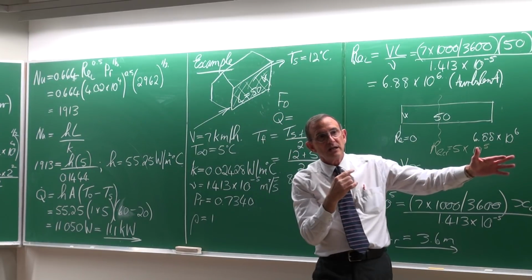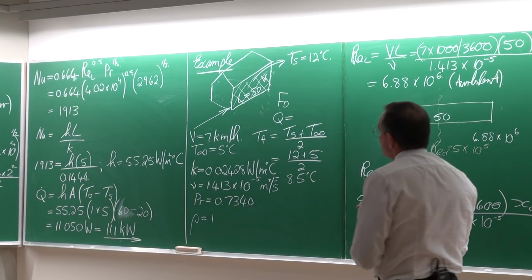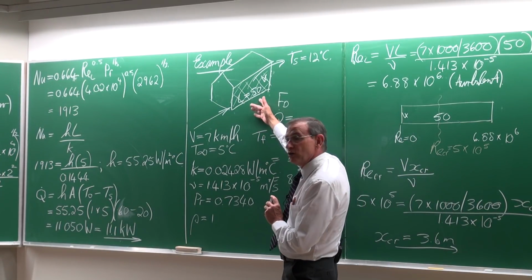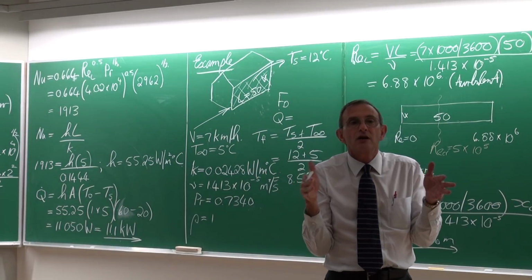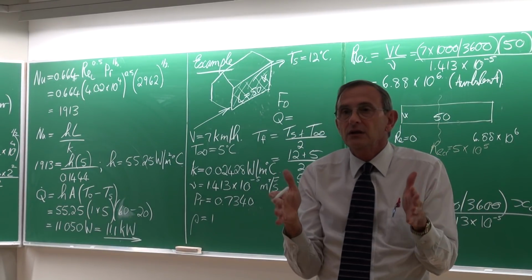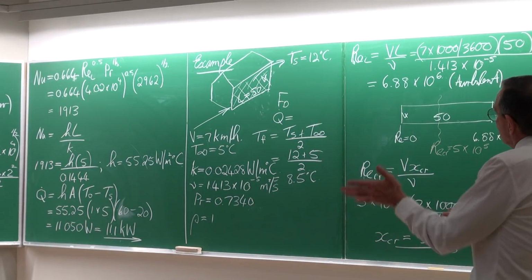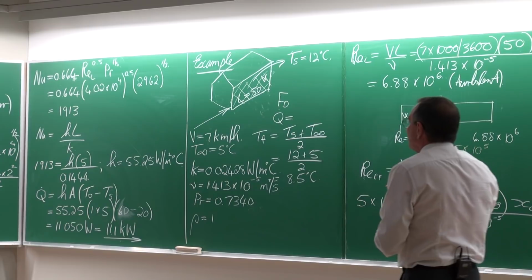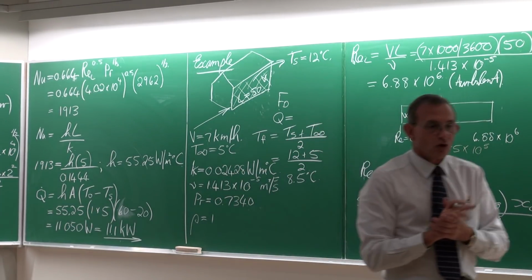You can calculate everything. I would be surprised if you would need less than about 40 kilowatts for the heating of that building to maintain it at a temperature of 20 degrees Celsius when you've got that cold wind of 7 kilometers per hour blowing over it for a long period of time.